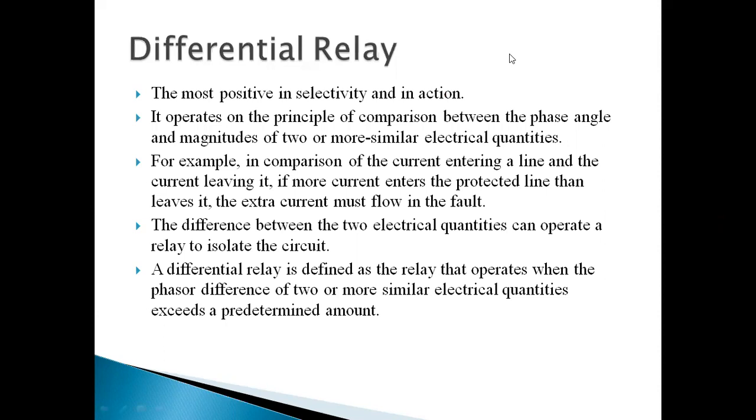So we have seen the earth fault relays, phase fault relays, directional relays, right? Then microprocessor based relays, overcurrent relays, then static overcurrent relays, and the last was the numerical overcurrent relay. So these points we have seen.